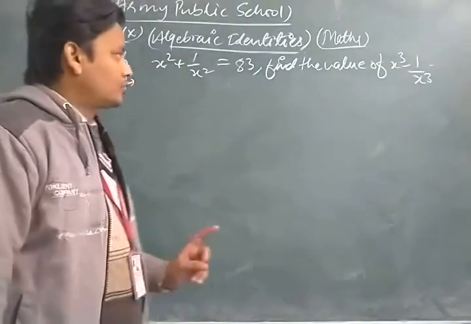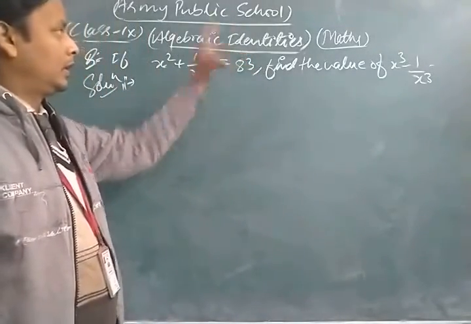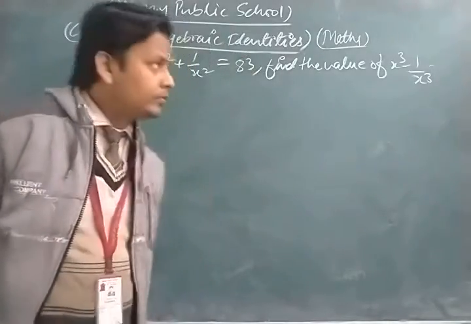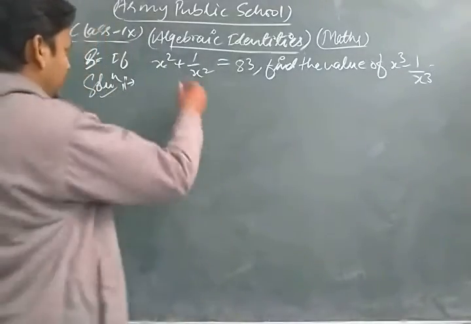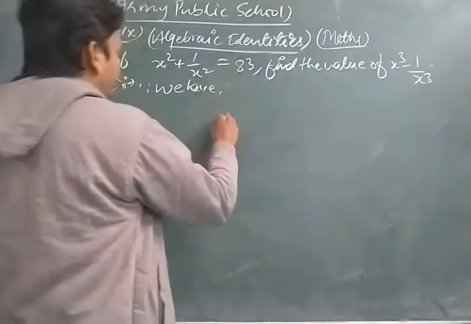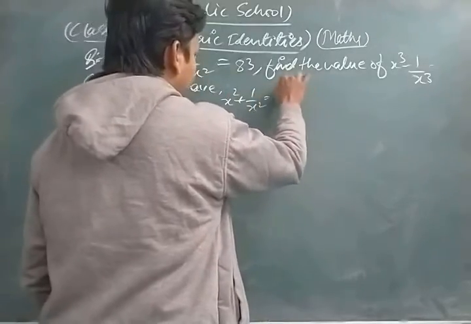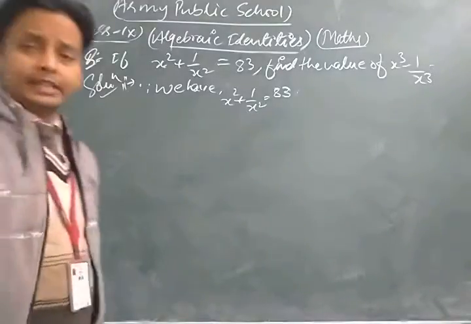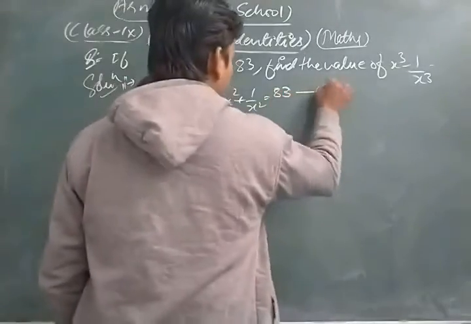Look, here x square plus 1 upon x square is equal to 83. Now find the value of x cube minus 1 upon x cube. We have x square plus 1 upon x square equal to 83; we take this as equation number 1.